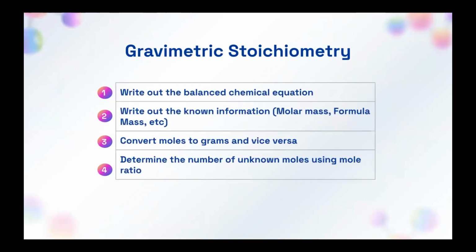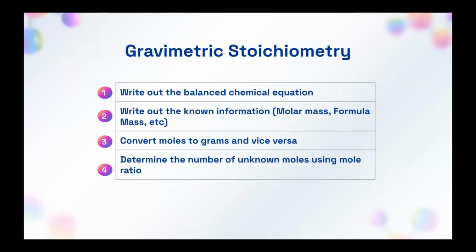So here are the 4 steps. First, you have to write out the balanced chemical equation. As much as possible, you write out the balanced chemical equation. Second, write out the known information, like the molar mass and everything else. Third, convert moles to grams and vice versa. And fourth, determine the number of unknown moles using the mole ratio.